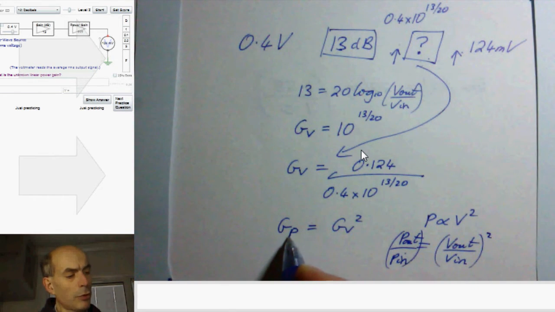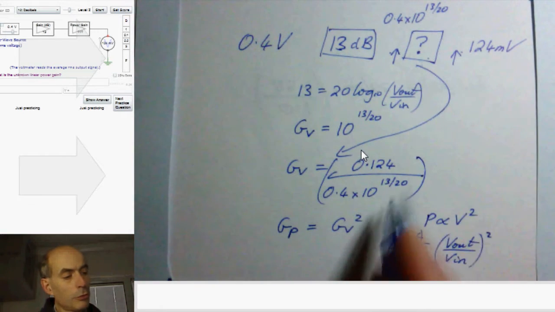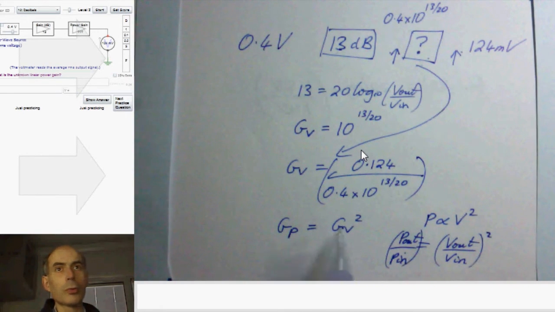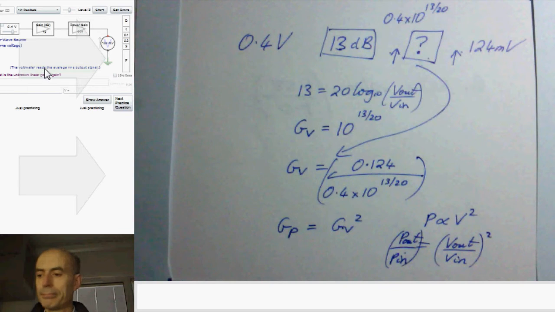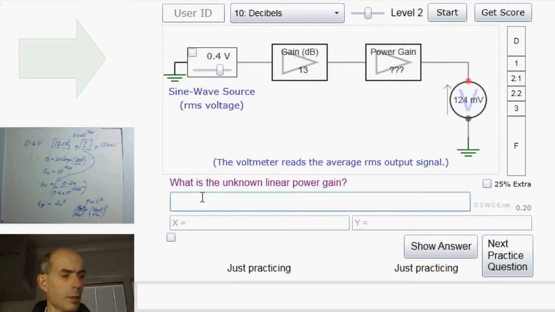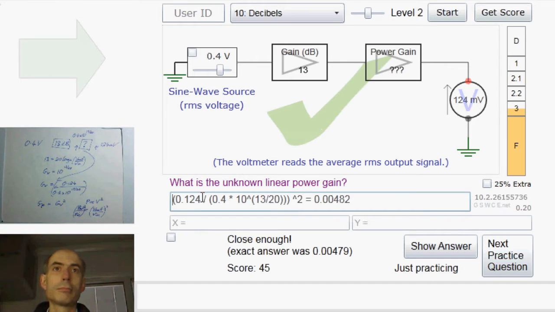So my answer must be this expression here, all squared. Let's try that. So, open bracket, 0.124 divided by, open bracket, 0.4 times 10 to the power of 13 over 20, all squared. Great. Next.